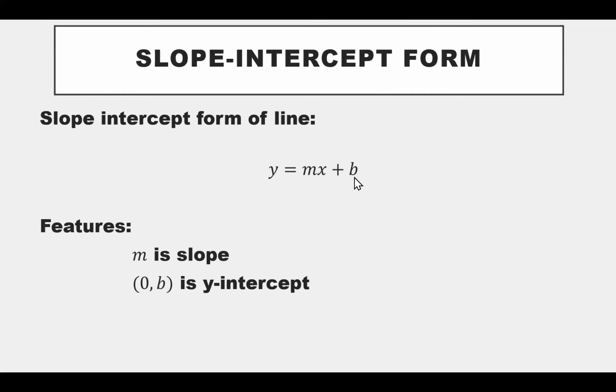And the value of b gives me the y value of the y-intercept. The y-intercept is obviously where the line crosses the y-axis. So 0 comma b is the y-intercept, and m is the slope. And those two values we can clearly see from this line if it's written in this way.